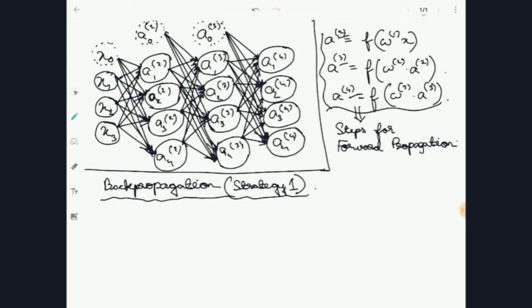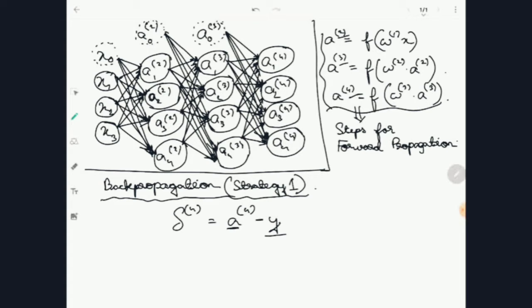Now moving to the backpropagation procedure. The first strategy for backpropagation can be understood in this way. The computation of delta 4 is equal to this, where this is the activation matrix, the matrix containing the activated units, minus the original target values y.